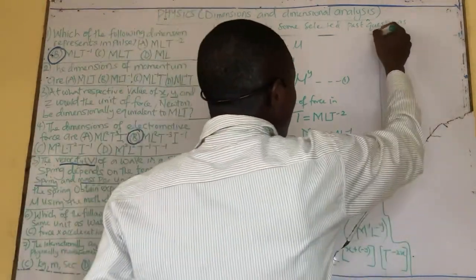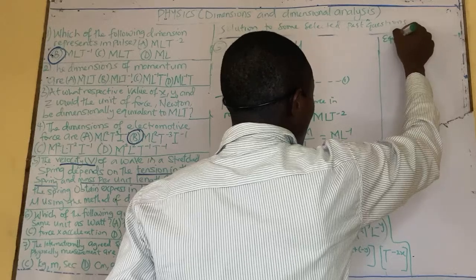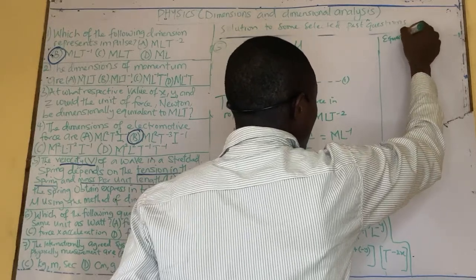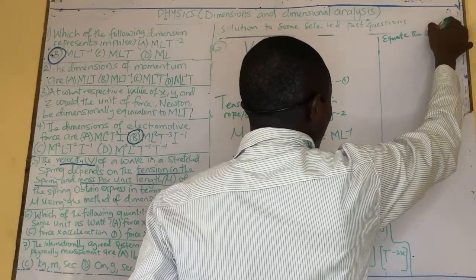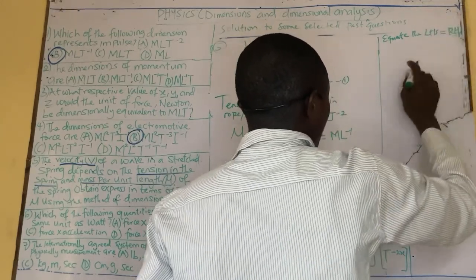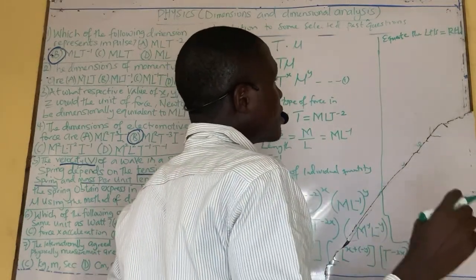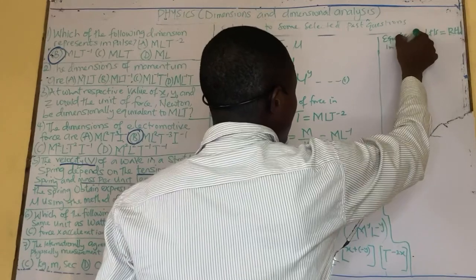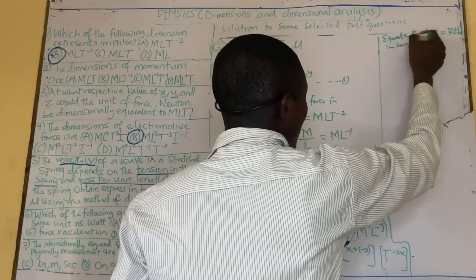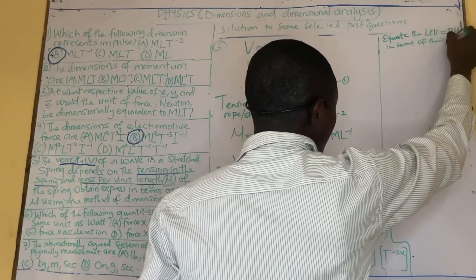We now equate the left hand side to the right hand side, that is in terms of power. Equate the left hand side and the right hand side in terms of their power.